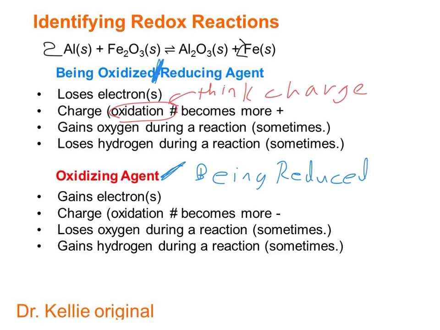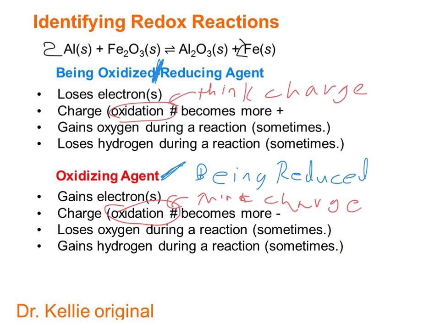The oxidation number, again, think charge, we'll get to the full definition of oxidation number in a second, becomes more negative. And something that is being reduced often loses oxygen during a reaction, and it often gains hydrogen during a reaction.